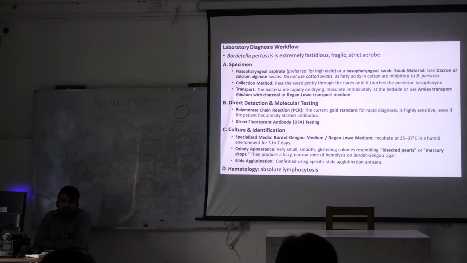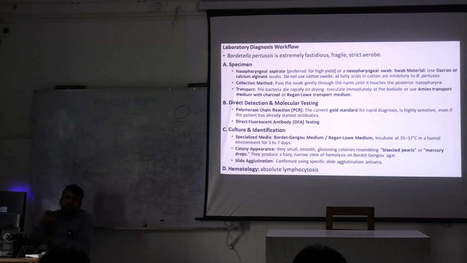Any idea what direct fluorescent antibody testing is? Basically, with the use of the hybridoma technology, we produce antibodies against this organism in the laboratory and tag them with fluorescent particles. Then we take the clinical sample and we treat with this antibody.